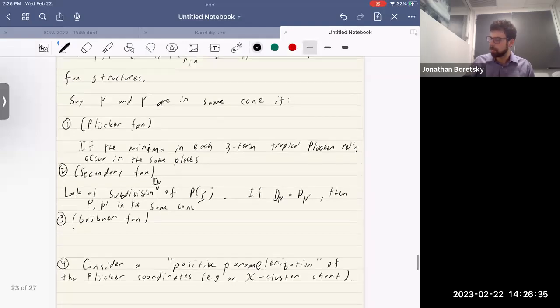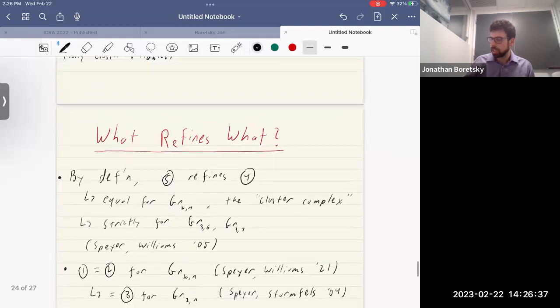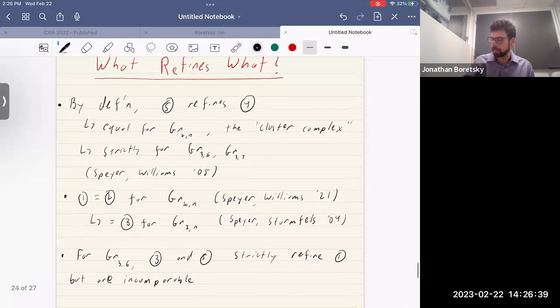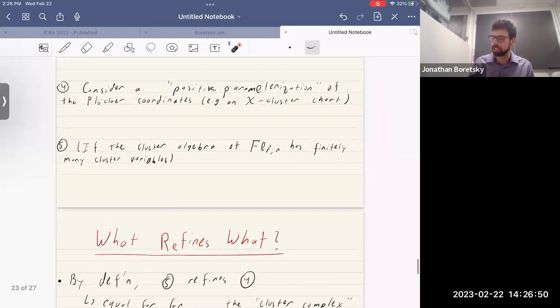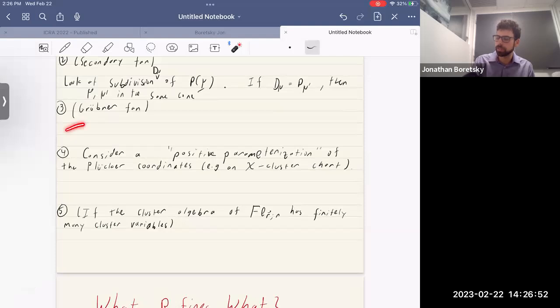So what's known? In the Grassmannian case, these are the same for any Grassmannian. This is from Speyer and Williams in 2021. I didn't tell you specifically what these are, but I'll just say some names in case people recognize them. The Gröbner fan, which is according to the initial ideal. You can take the common refinement of the Newton polytopes of a positive parameterization, which would be, for example, a cluster chart.